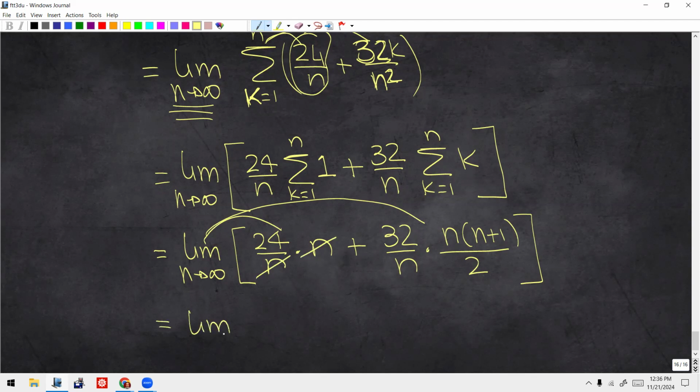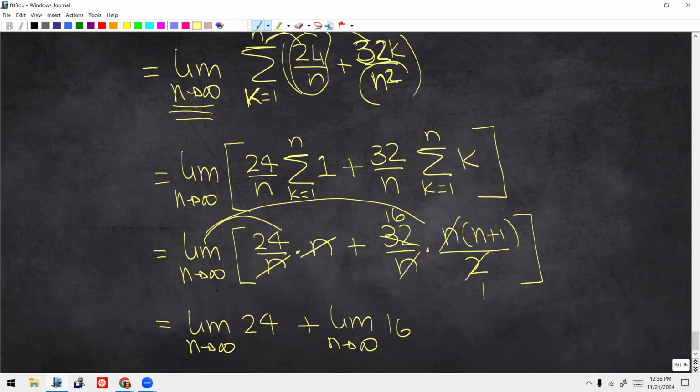In the first case, I'll just get limit as n goes to infinity of just 24 plus the limit as n goes to infinity. What cancels here? One of the n's cancel and one of the 2's cancel. So we get 16. Forgot something. Hold on. Oh, what did I forget?